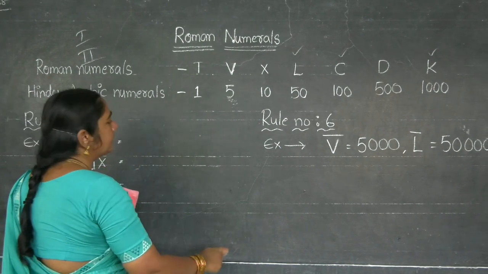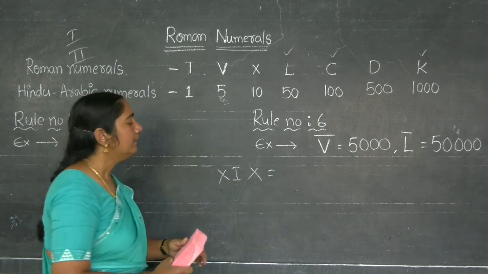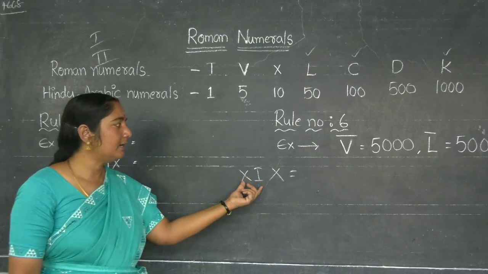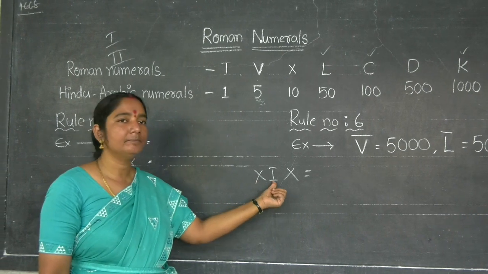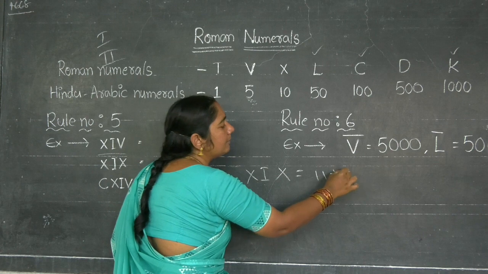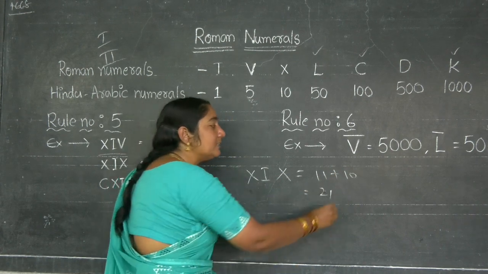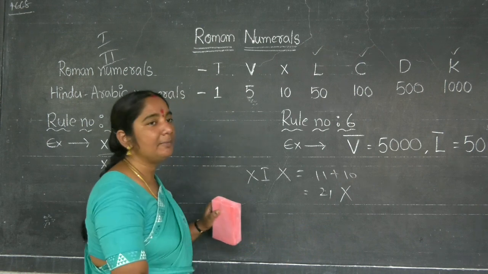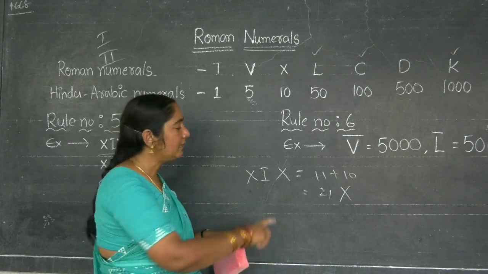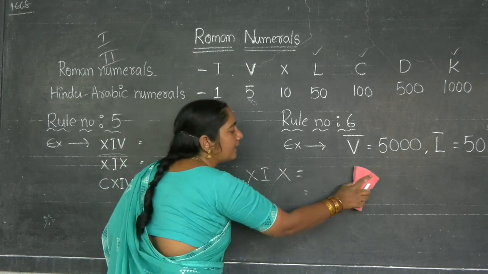I think now one more example. In this example, I can write the number like 10 plus 1, 11, 11 plus 10, that is 21. I get a number like this. But this is wrong. Just now we have told, when a smaller number is in between, we should only go for subtraction.